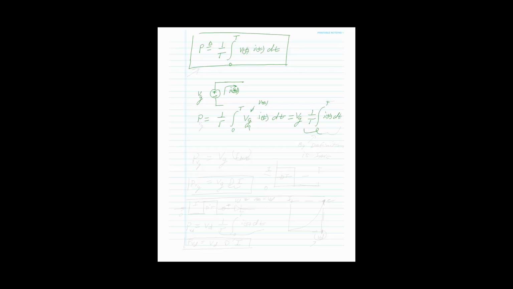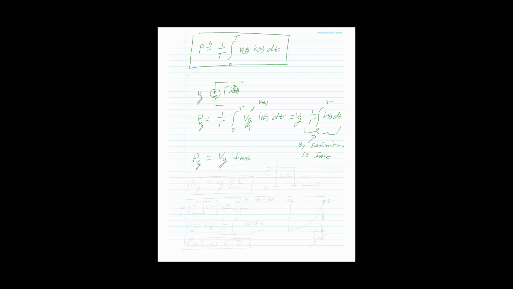What is that value? This, by definition, is I average, the average current. So this means the power supplied by VG is going to be the DC voltage times the average current.